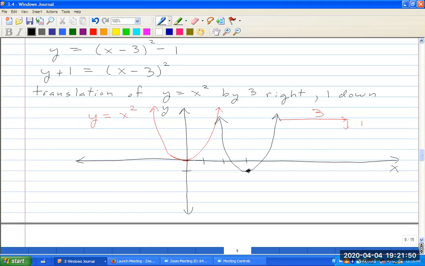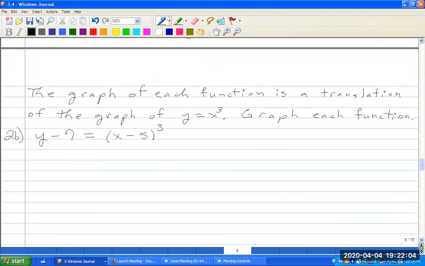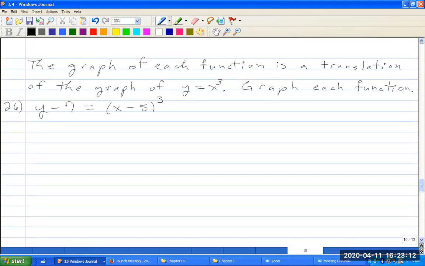So this is the graph of y equaling x minus 3 squared minus 1. Okay, so let's do this one. This is already in a nice form, so we can tell what the transformation is.